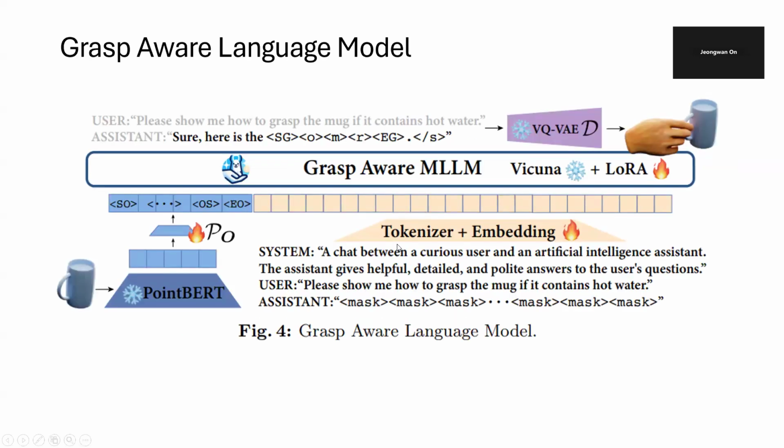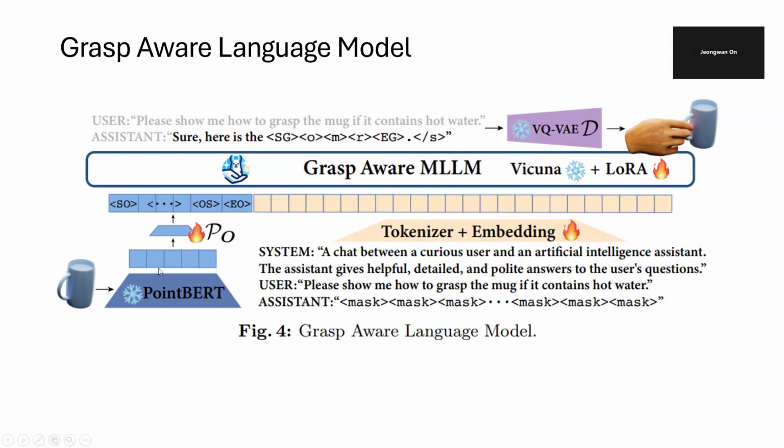Now for the grasp-aware language model. They use the Vicuna checkpoint and use LoRA to fine-tune the grasp-aware MLLM, and then they freeze it. What it takes as input is object point cloud features, which are fed through PointBERT and then linearly projected.